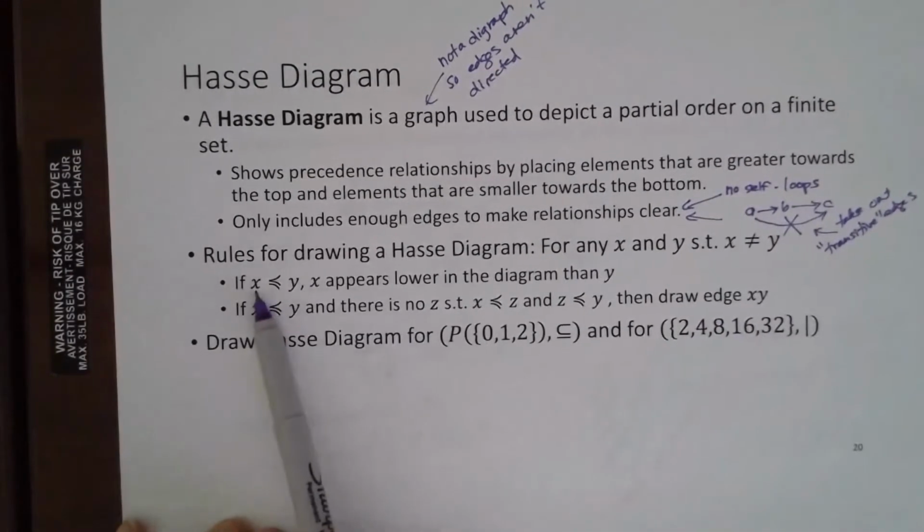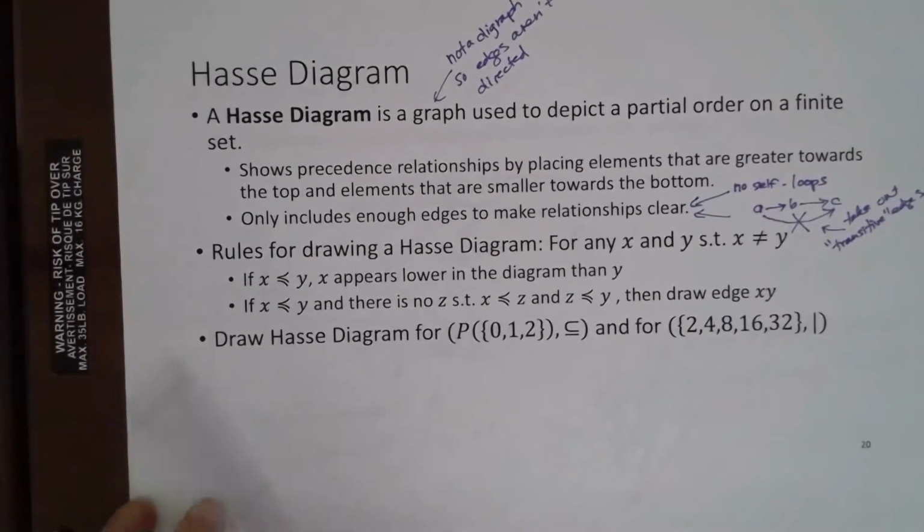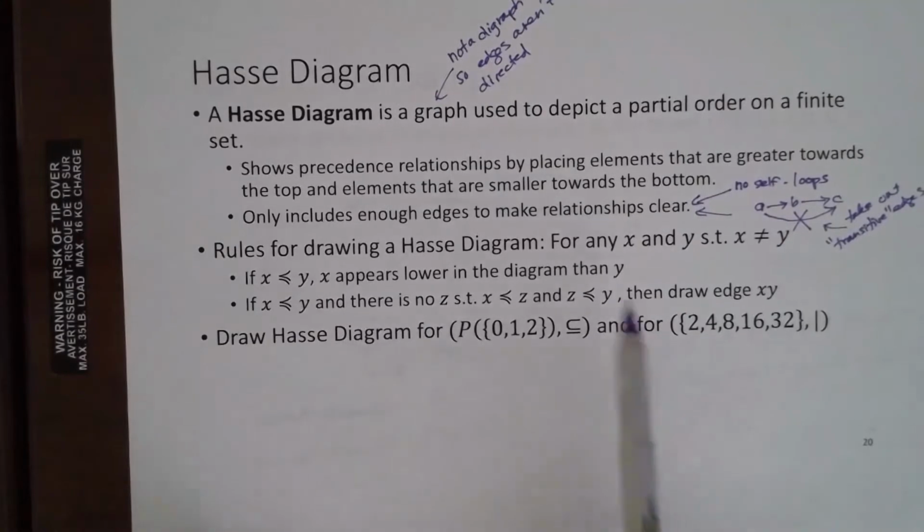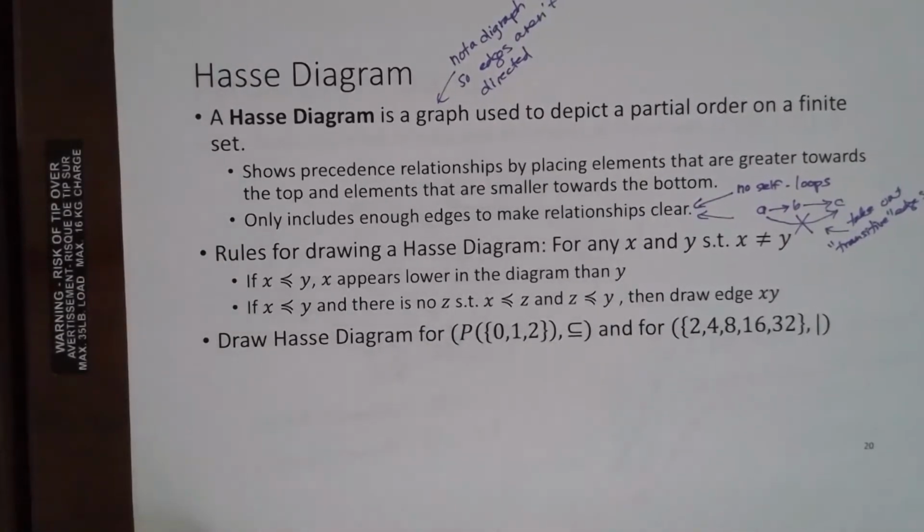So because x is smaller in terms of whatever relationship we're talking about, it's going to appear lower in the diagram, and because y is greater, it's going to appear higher. That lower and higher gives us additional information that helps us know these relationships.